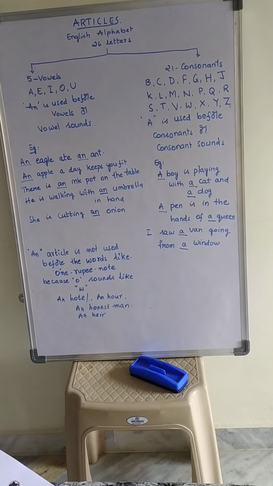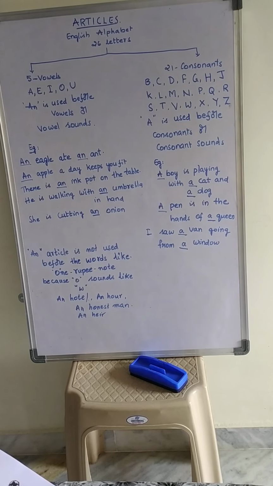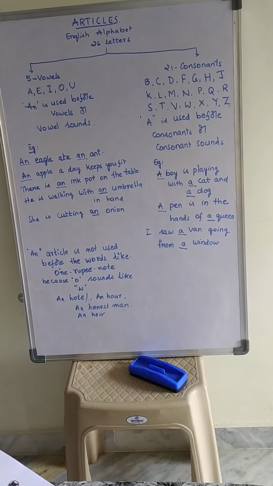An ink pot on the table. He is walking with an umbrella. U is the vowel, so you have to use the article an. She is cutting an onion. Onion starts with the vowel O, so an is used.